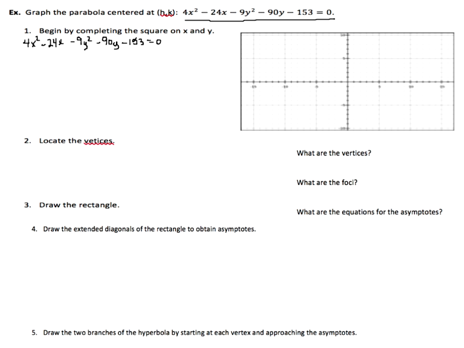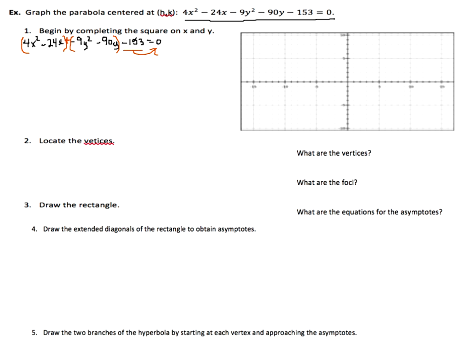So the first thing I want to do is group into binomials. I have my x's here, and then I'll be adding my y's. The reason I put the plus there is because I kept that negative with the y squared term. And I'm going to want to move that 153 over to the other side by adding 153 to both sides.